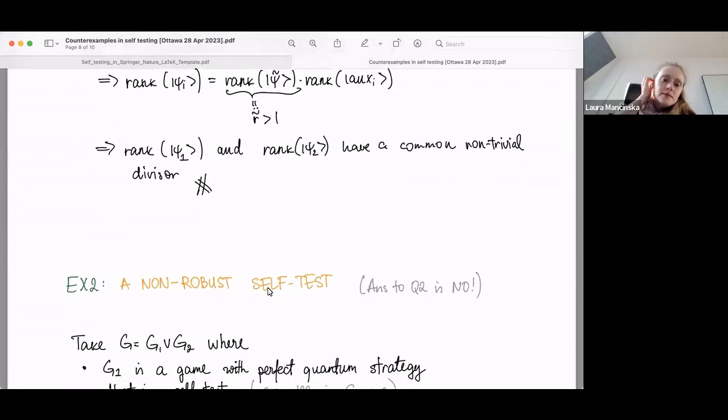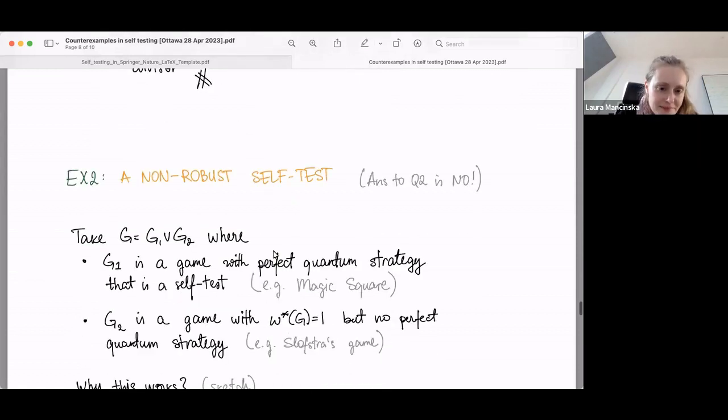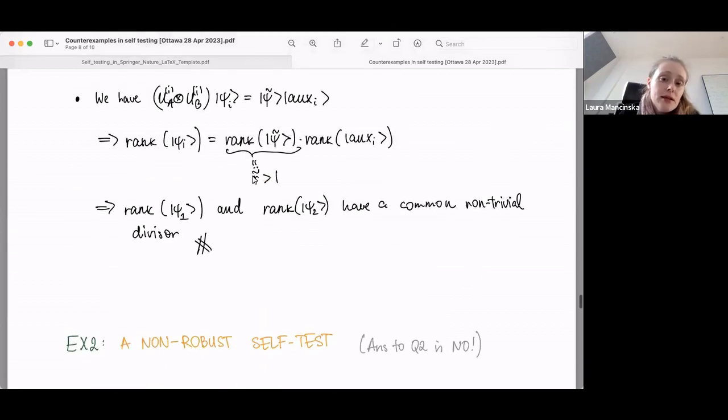All right. So the second counterexample is this non-robust self-test. And again, the precise games that we use are not important, just some properties. The property that we relied on before was this co-prime dimension.